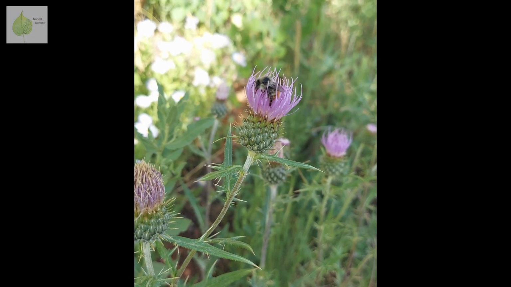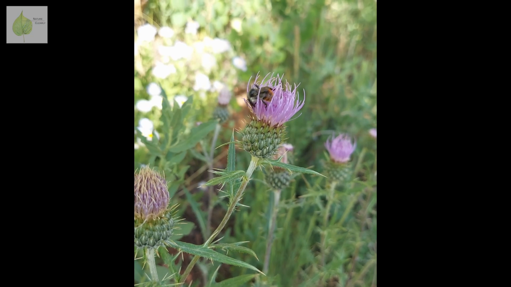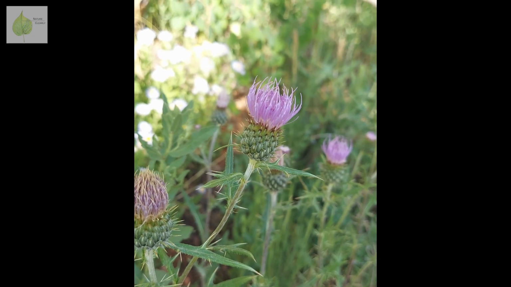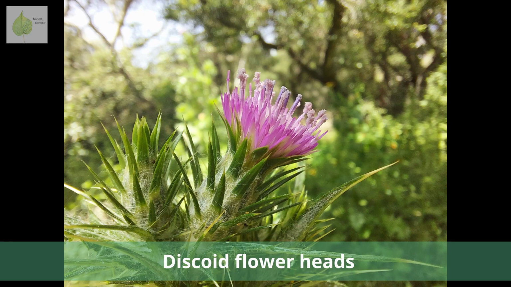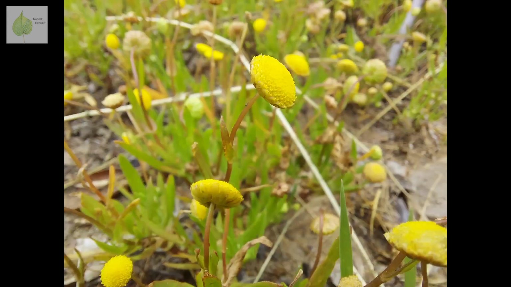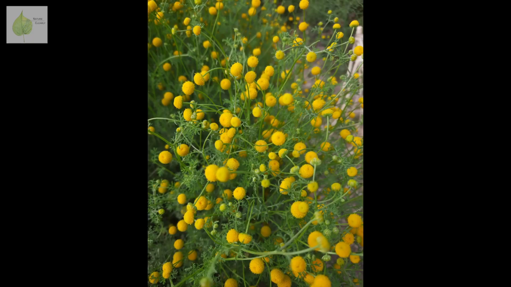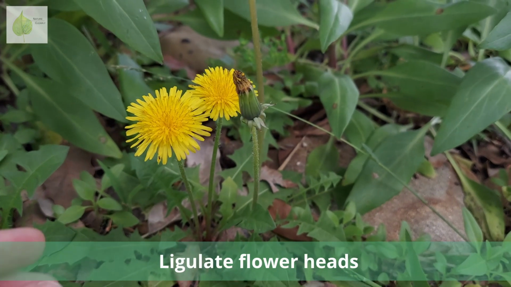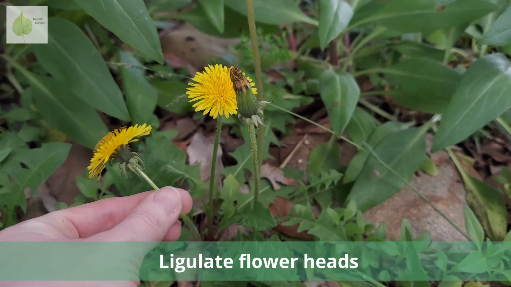But both types of flowers, ray and disc, do not always have to be present. In some Asteraceae species, flower heads consist of only ligulate or only disc flowers. Some examples of discoid heads, flower heads with disc flowers only, are thistles, Discotula, or Oncosiphon. For ligulate flower heads, you can think of the common dandelion.